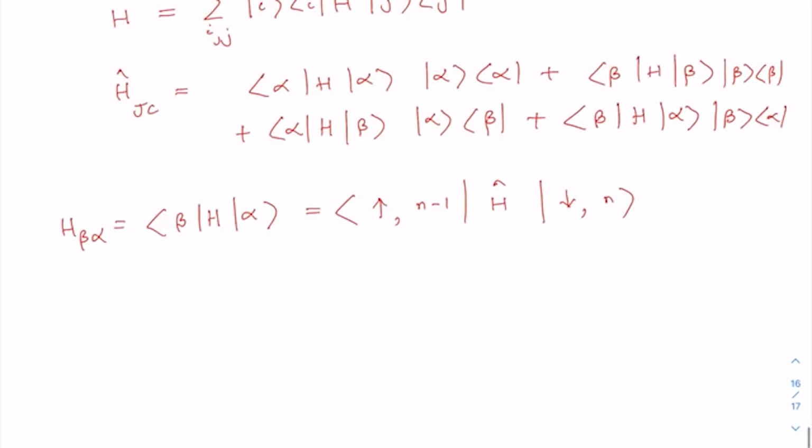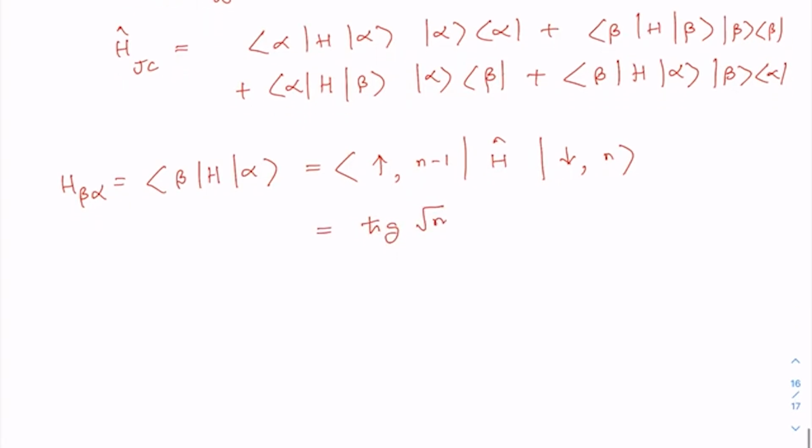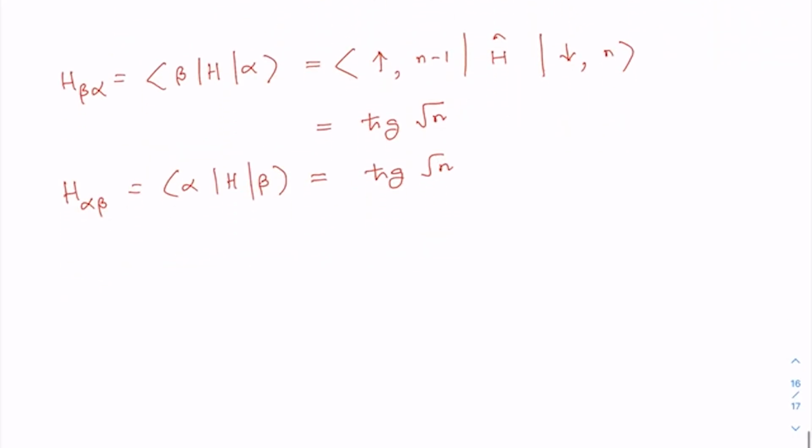So this already we have worked out, and this is simply h cross z square root of n. Similarly, you can work out alpha H beta. This would also be equal to h cross z root n, and please try to find out what is alpha H alpha, that would be equal to h cross omega n.